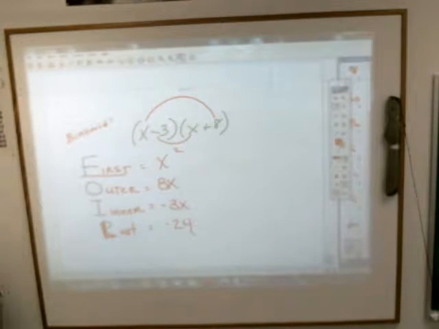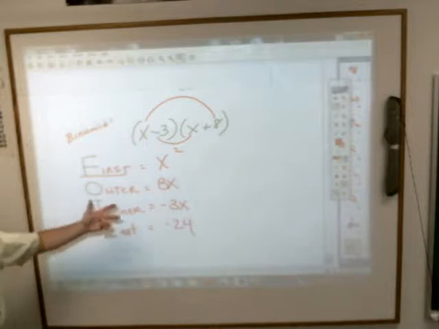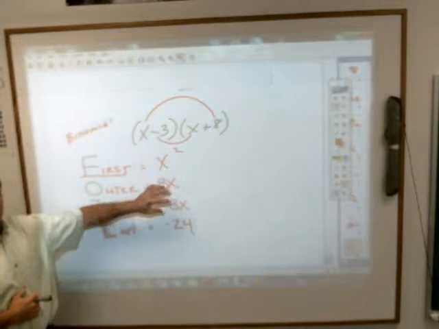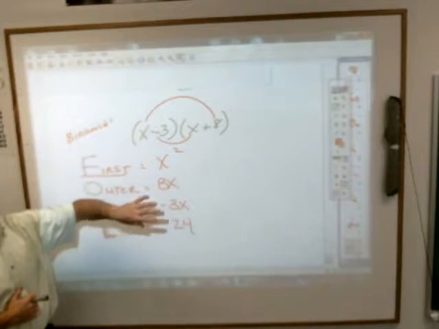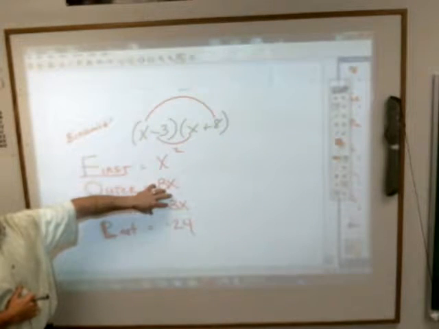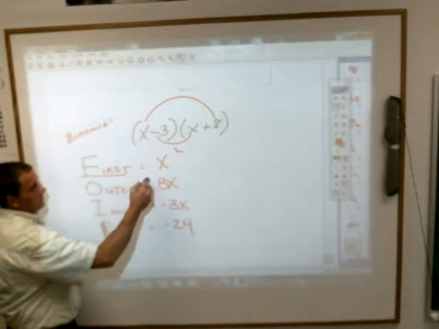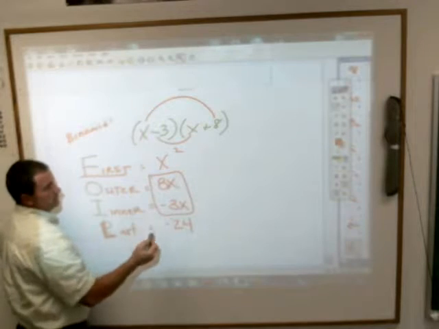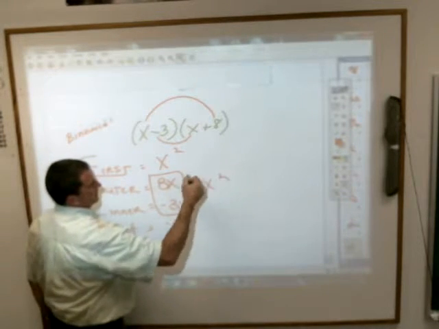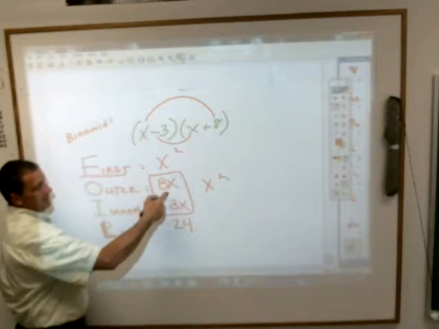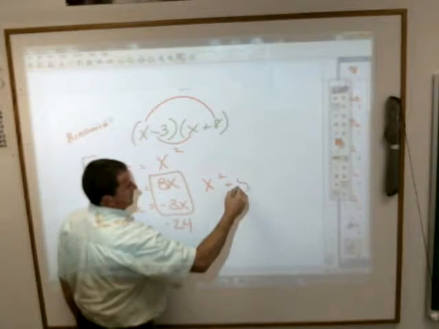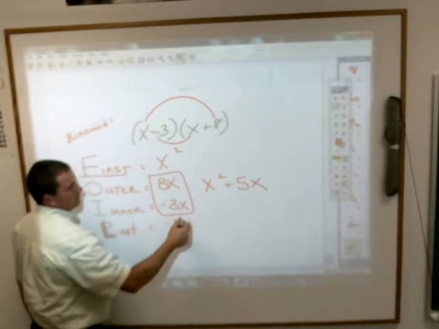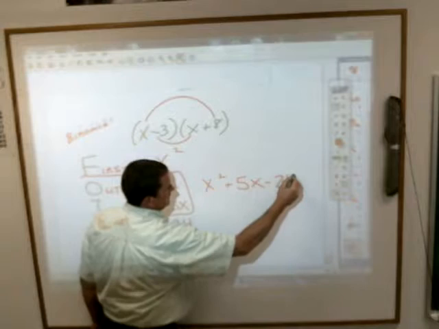In a lot of cases, the two outers and the inners can be combined because they're like terms. That's not always true, but in a lot of cases it is. So I can put these two together for my middle term. I have my x squared, I put it first because it's the highest one, 8x minus 3x is 5x, and that negative 24 just gets stuck down the end.